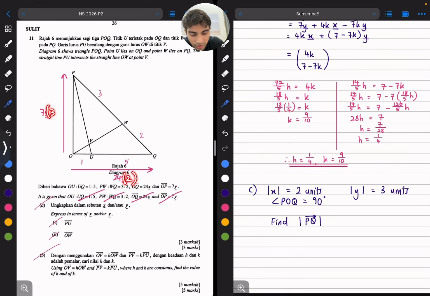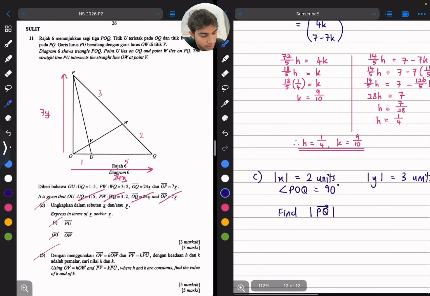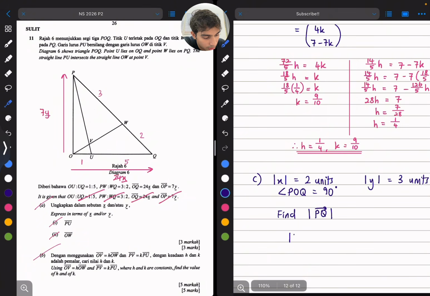Y is 3 units, so this will be 7 times 3. So by Pythagoras theorem, magnitude of PQ is square root of a square plus b square. So a square would be 24 times 2 square. B square will be 7 times 3 square.